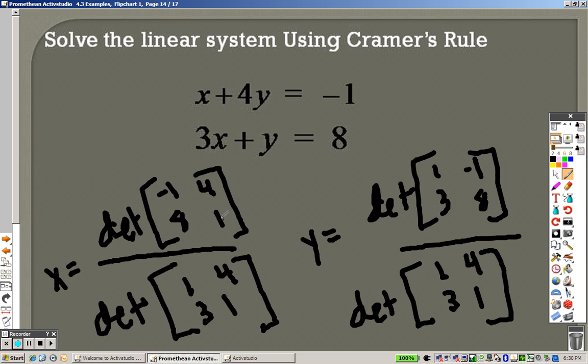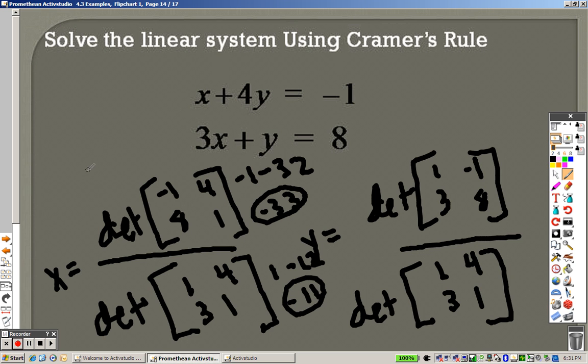So negative 1 times 1 is negative 1 minus 32, which is negative 33. On the bottom, that's 1. I'll circle that here so remember that. 1 minus 12, which is negative 11. Negative 33 divided by negative 11, we get 3 as our answer. Now remember, this is negative 11.